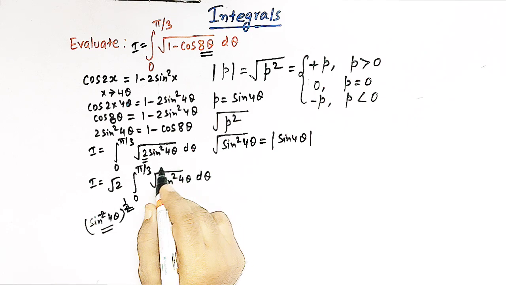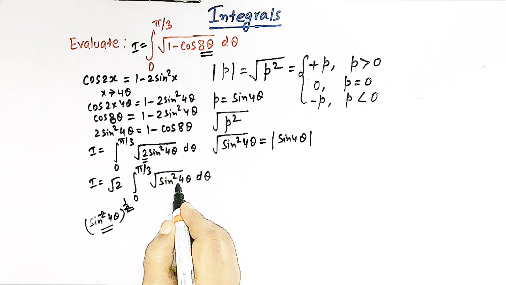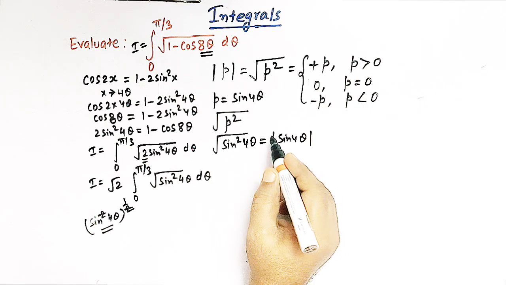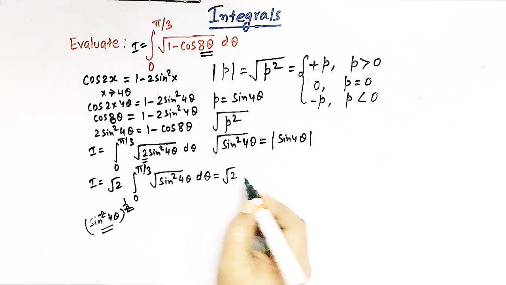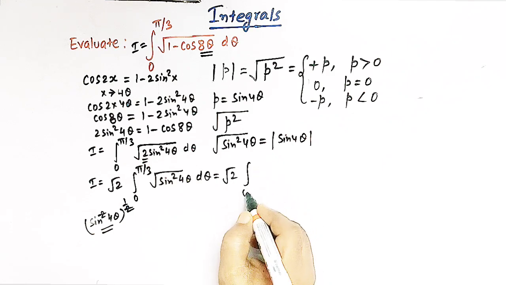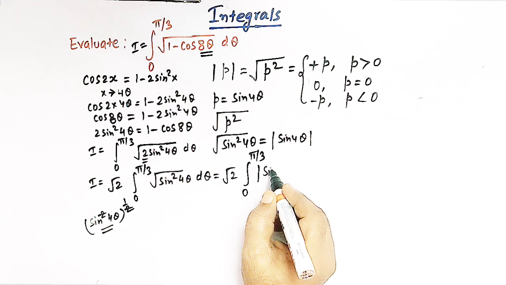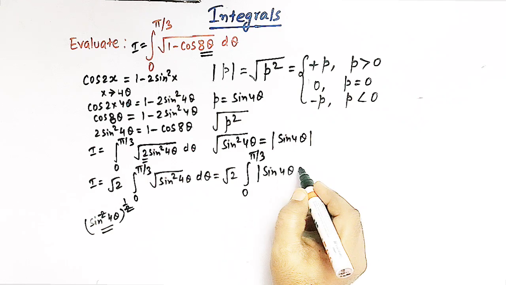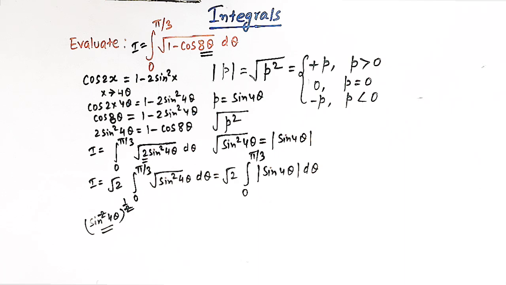So the second step is to replace this square root of sine square 4 theta with mod of sine 4 theta. So now we have square root of 2, the limits are from 0 to pi by 3, and here we have mod of sine 4 theta d theta.